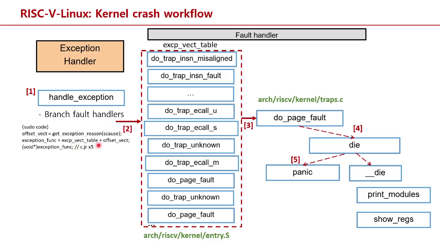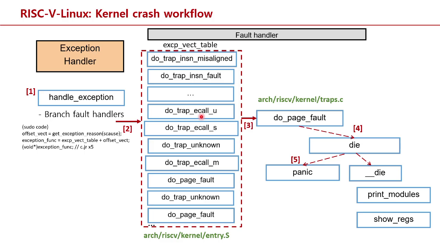After the value of the supervisor cause register is read in the trap handler, it will jump to the corresponding fault handler. This handler is defined in this file, and based on the value of the supervisor cause register, a branch to this function is made.